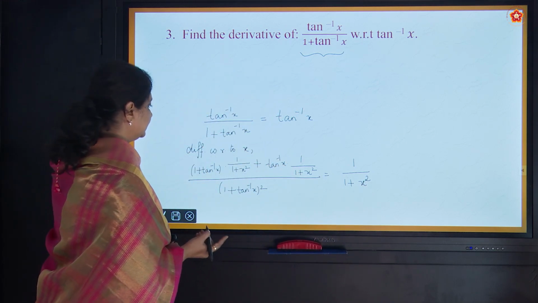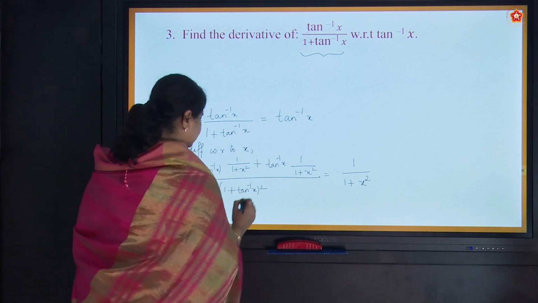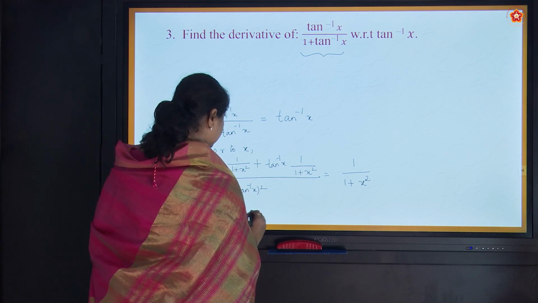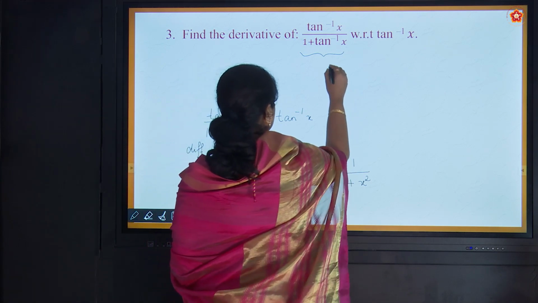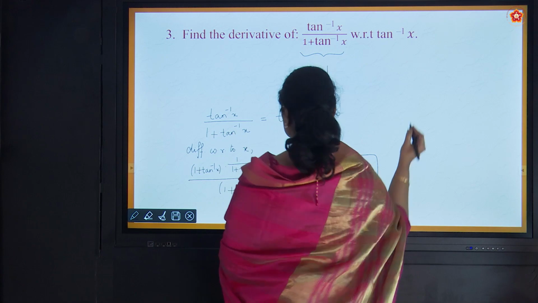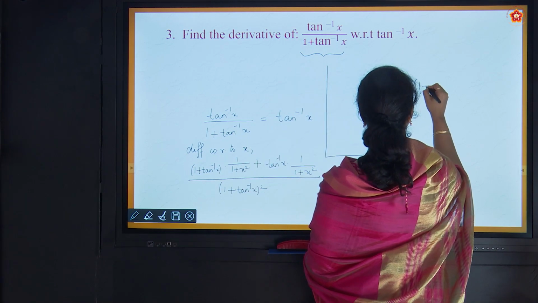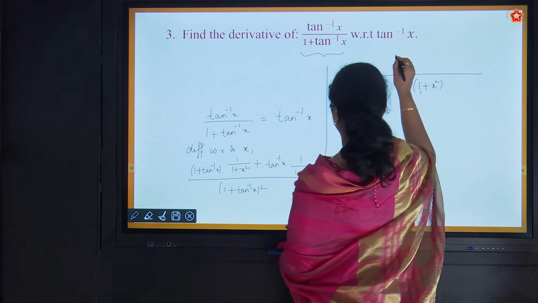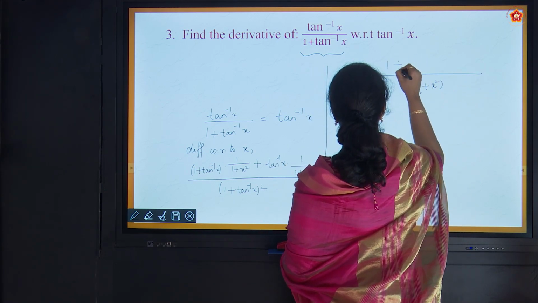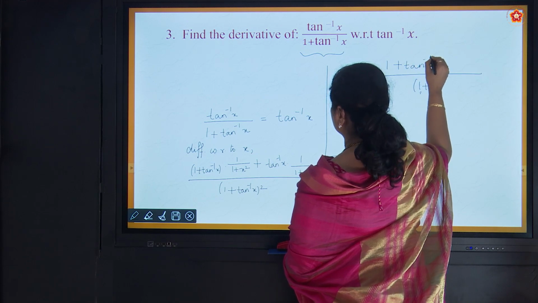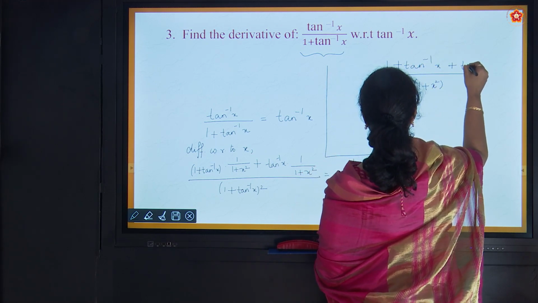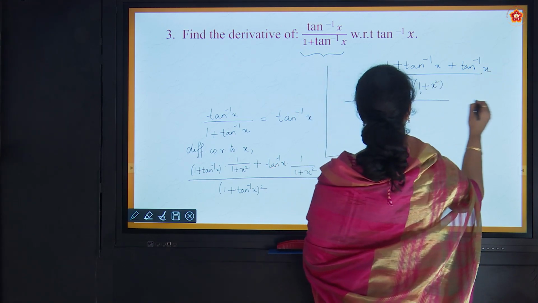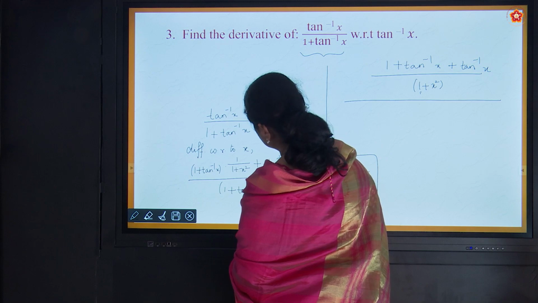Now, let's see what happens. Here, you have 1 plus x square as LCM. Let's simplify it. 1 plus x square on the numerator with LCM. Then you have 1 plus tan inverse of x plus tan inverse of x, divided by, I'm sorry, here it is a minus.